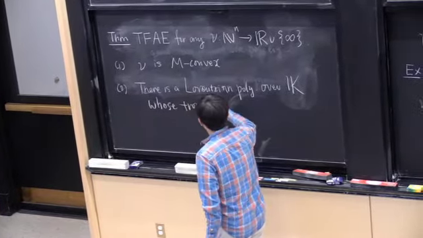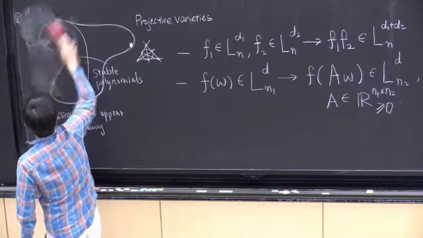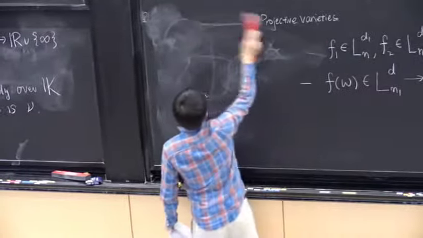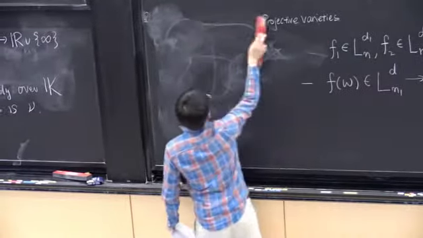And that property is equivalent to a statement over the real numbers that has nothing to do with K, which goes like this.